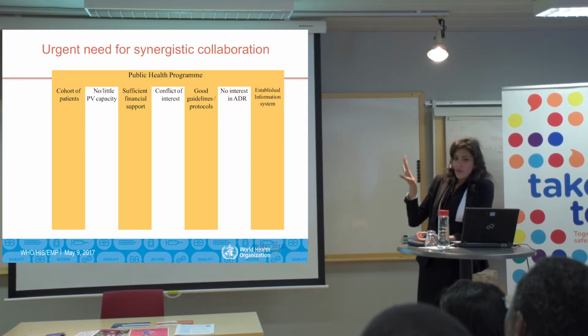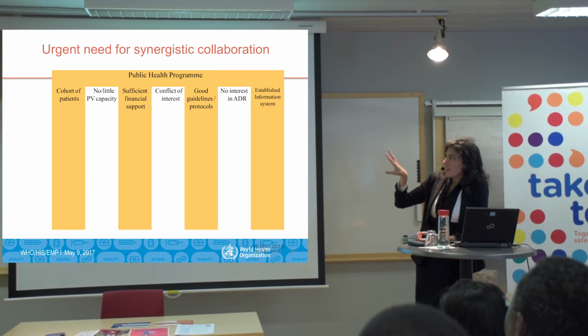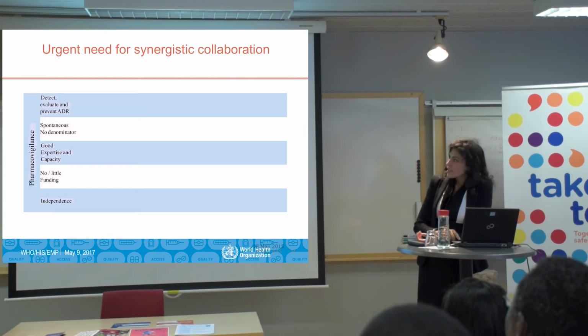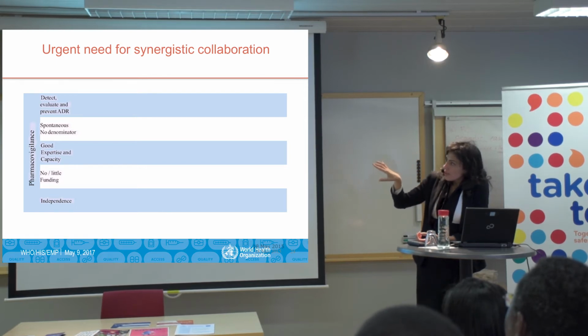So if I put all those into this, this is the public health program, and all the darker colors are the good things, and the lighter colors are the negative things. Then if I do the same with pharmacovigilance, the good things are in the darker color and the negative things are in the lighter color. No denominator is the negative thing.